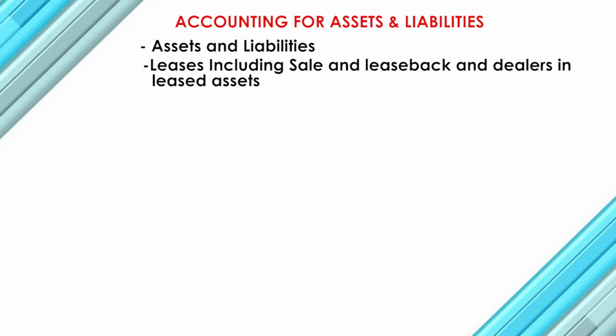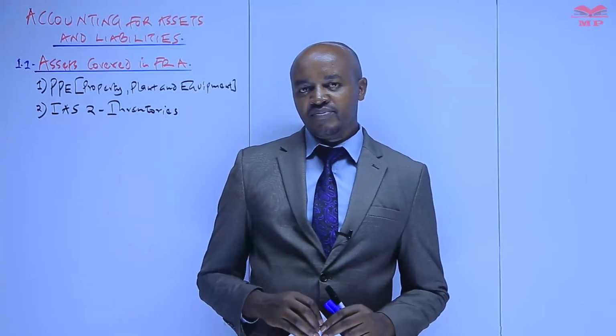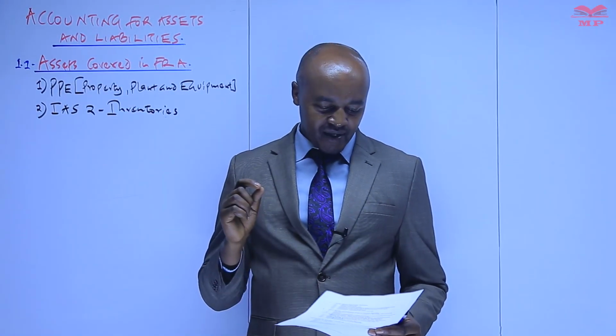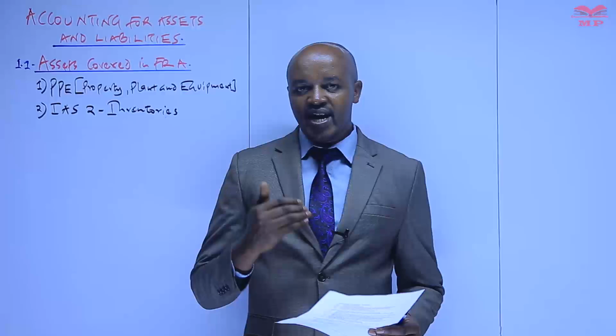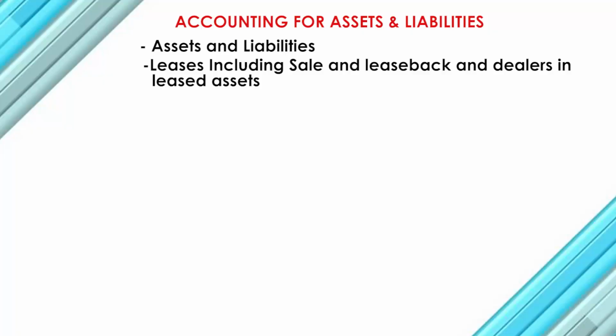In subtopic number 2, we are going to look at accounting for leases. Equally, this was covered in financial reporting and analysis at the intermediate level. But at this level, we are going to look at additional concepts which were not covered in the intermediate level, something called sale and leaseback, and also the dealer or manufacturer lessor in respect of the leased asset.